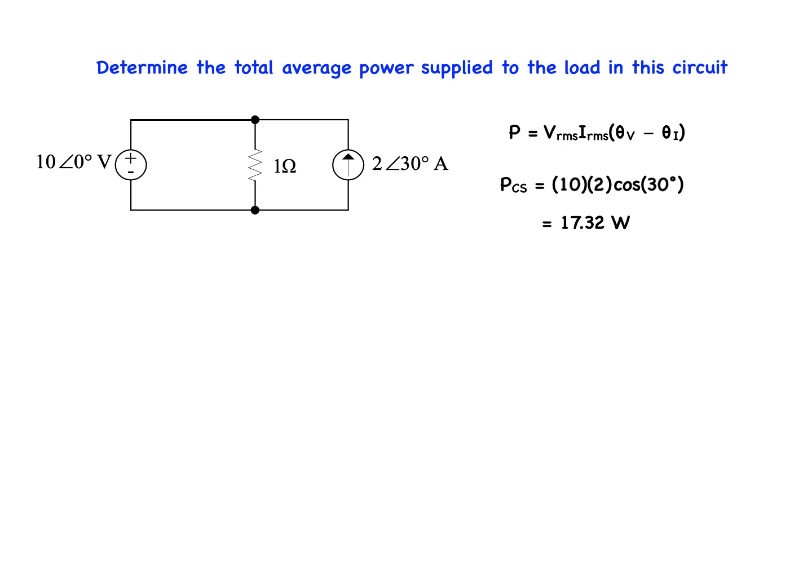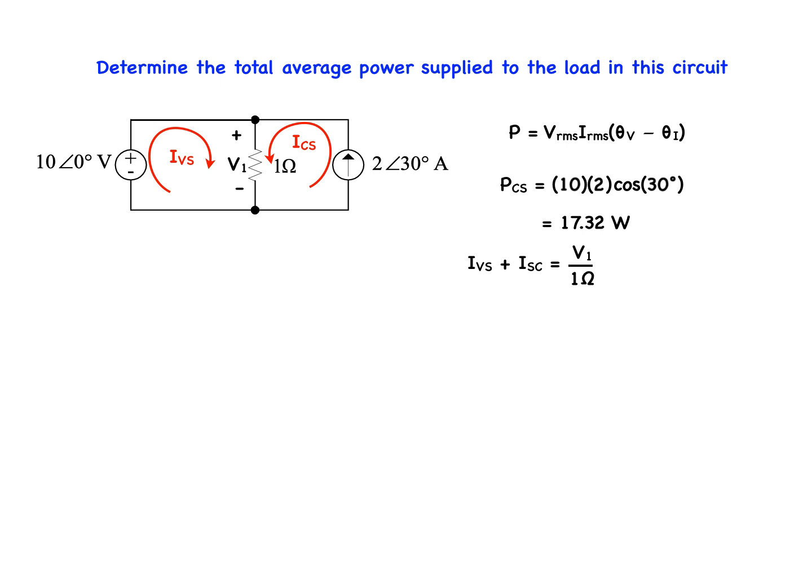In order to calculate the average power delivered by the voltage source, we need the current through the 1 ohm resistor. Using Kirchhoff's current law, IVS plus ICS is the current through the 1 ohm resistor, and that current is also equal to the voltage drop V1 across the 1 ohm resistor divided by that 1 ohm resistor.